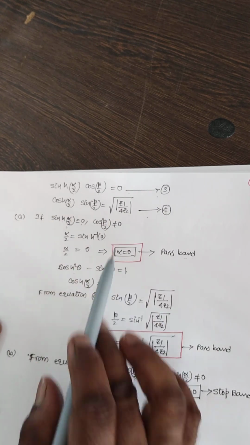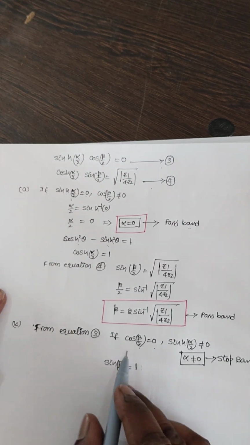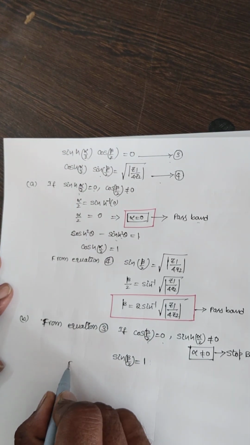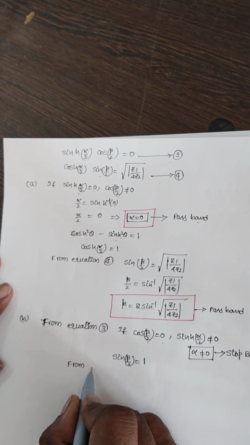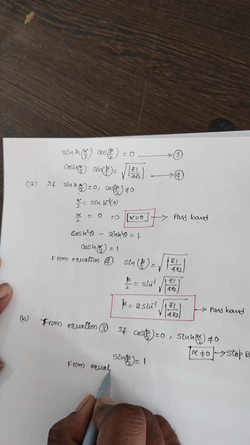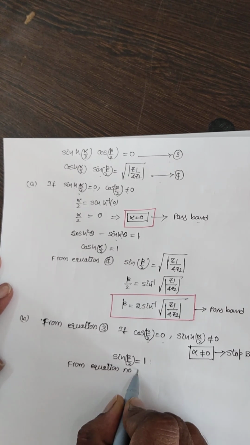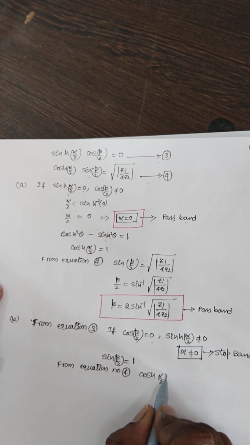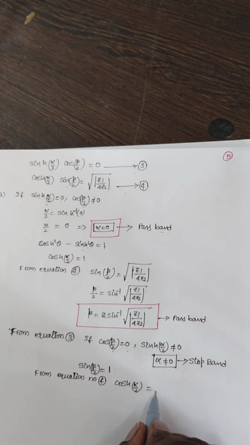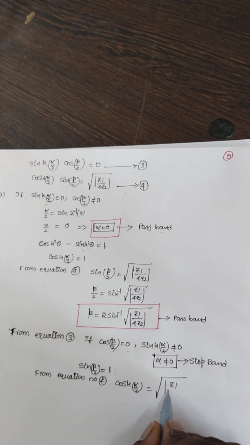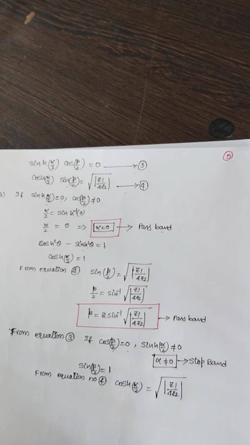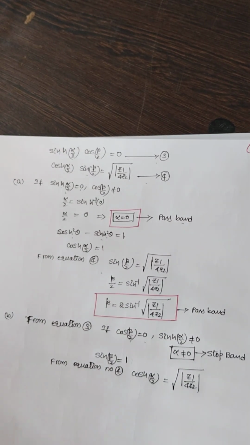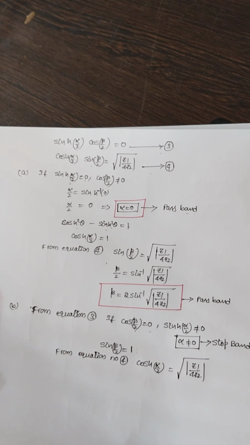Next, let us substitute this sin(β/2) equal to 1 in equation number 4. So from equation number 4, cosh(α/2) is equal to square root of modulus of Z1 by 4Z2, because sin(β/2) is equal to 1 here. I substituted that one and found this expression.